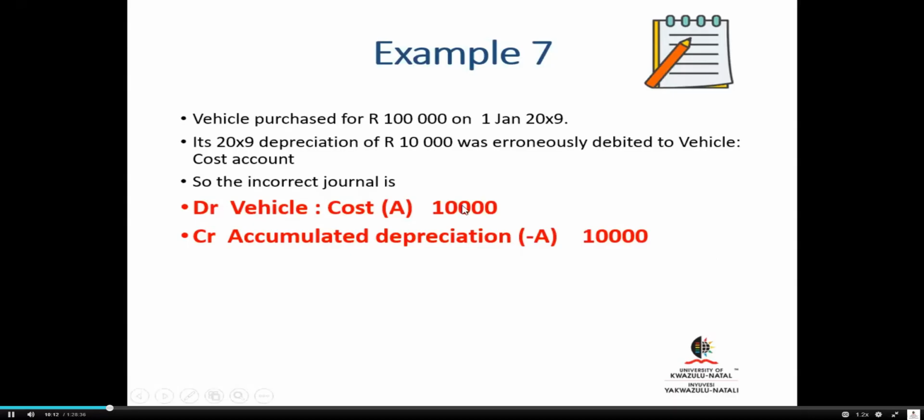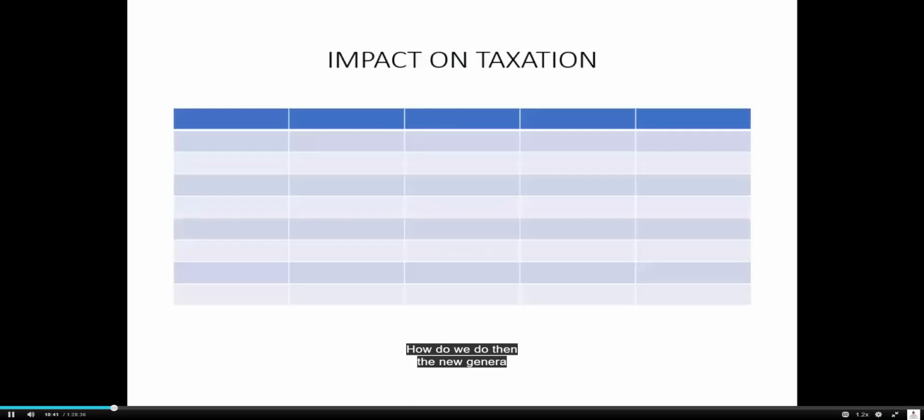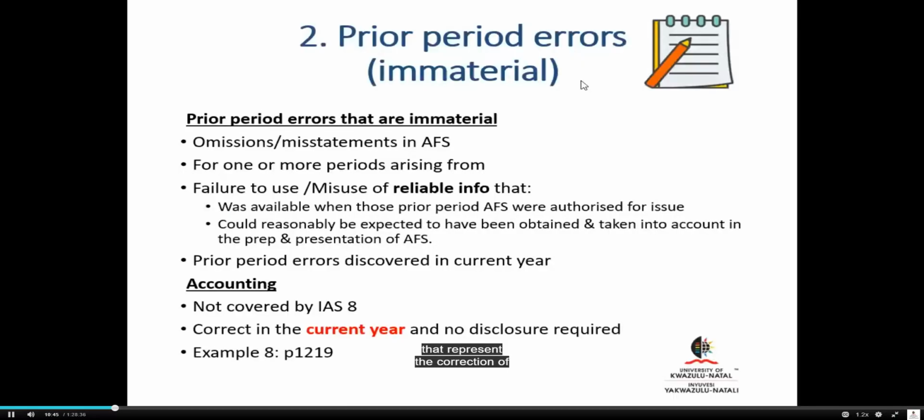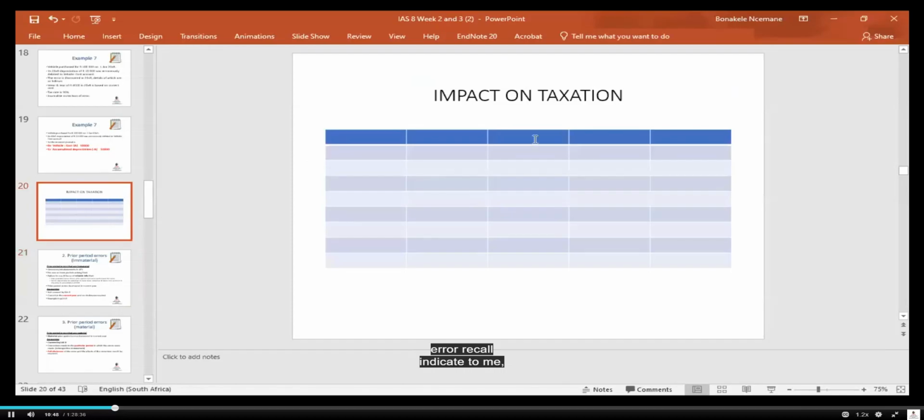So if the error was 10,000 and this 10,000 was taken as a debit to vehicle, as you see below, the incorrect journal, and accumulated depreciation was then credited correctly, how do we do the new journal that represents the correction of error? So credit the asset.